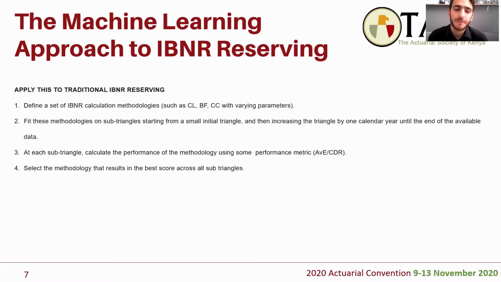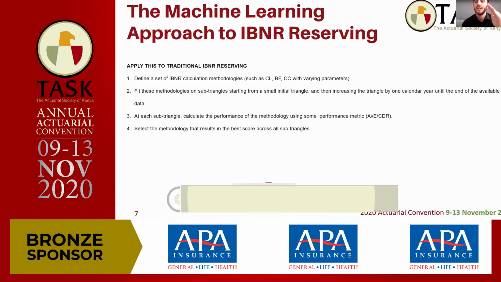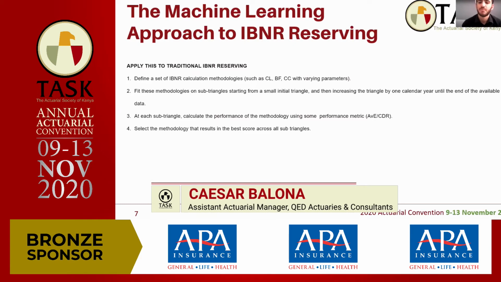So what we do in our paper is we apply this approach to traditional IBNR reserving. That is to say, we define a set of IBNR calculation methodologies, such as the chain ladder, the BF, and the Cape Cod, and the associated parameters that go along with them. And we fit these methodologies on sub-triangles, starting from a small initial triangle, and then increasing the triangle by one diagonal each calendar year until the end of the available data.